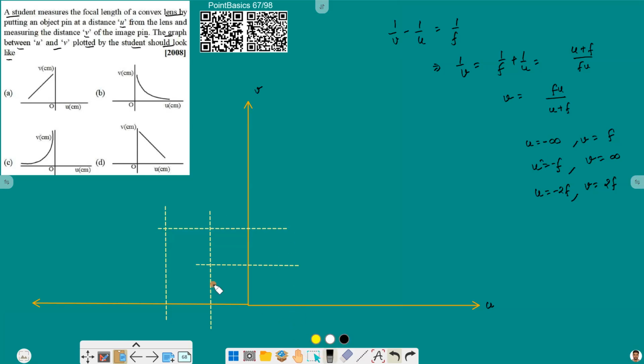If I mark this, okay, I need to extend this line also for both of the f lines, because image distance and object distance don't go beyond these lines for real images only.